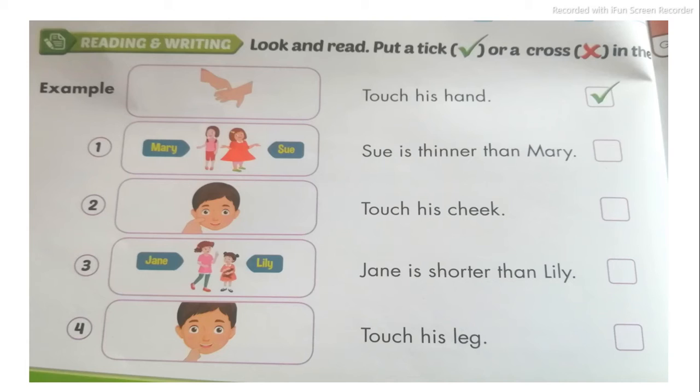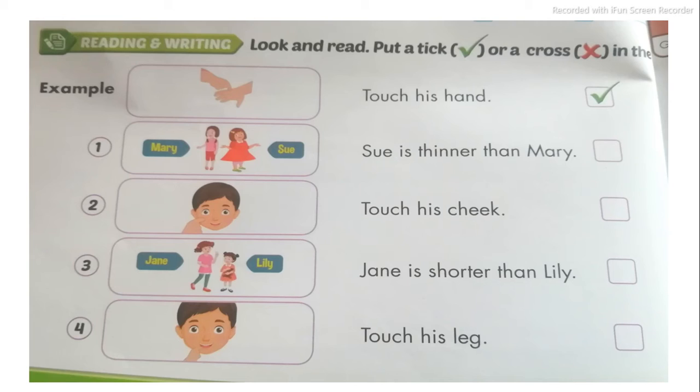In picture 3 we have Jane and Lily, and it says Jane is shorter than Lily. Let's look at the picture. Is Jane shorter than Lily? No, Lily is shorter than Jane.